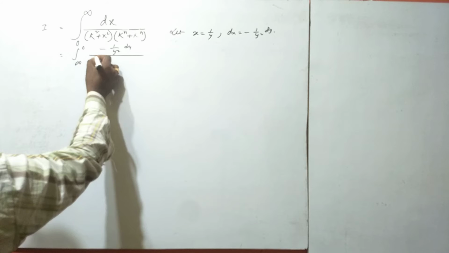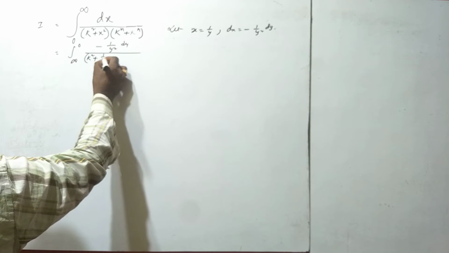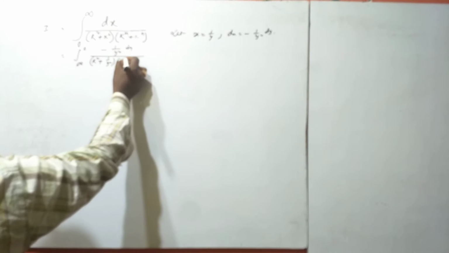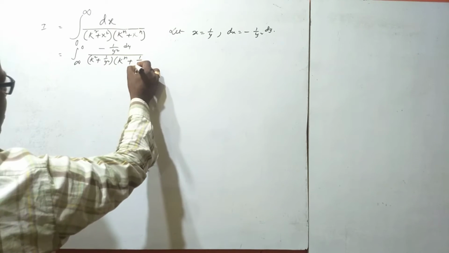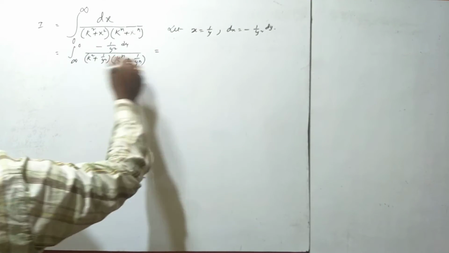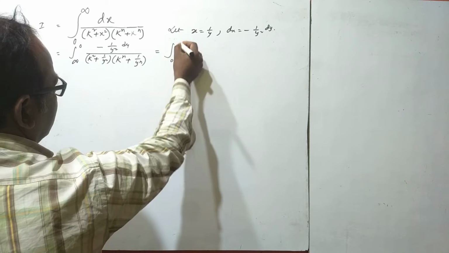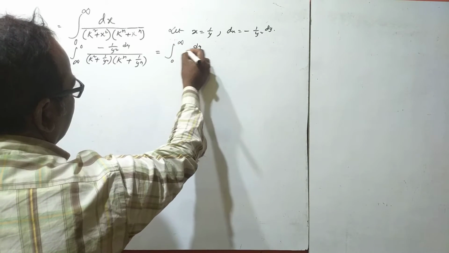Okay, and k square plus x square means k square plus 1 by y square, and k to the power n plus x to the power n means k to the power n plus 1 over y to the power n. Here is the minus, so changing the limit, this is 0 to infinity dy.